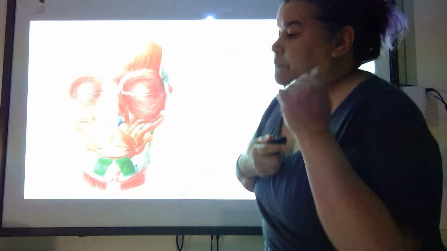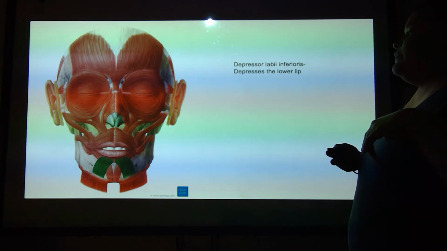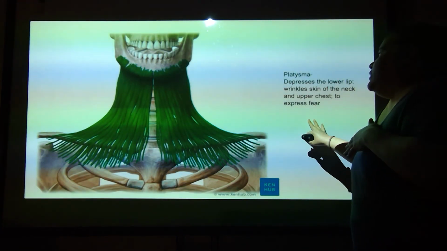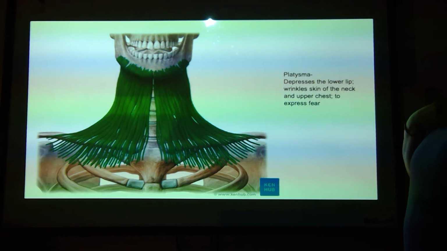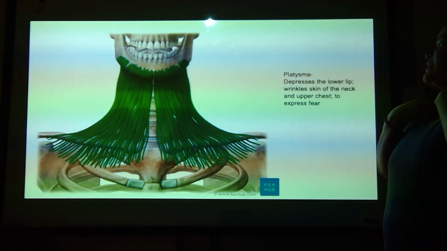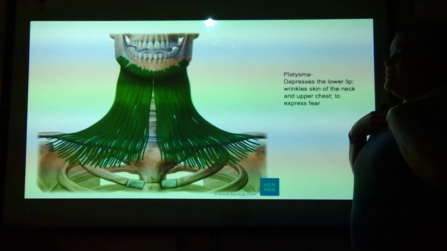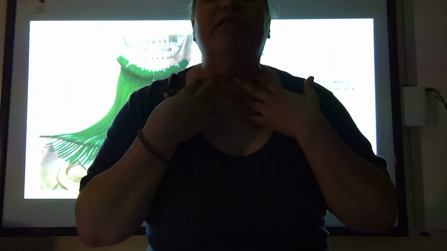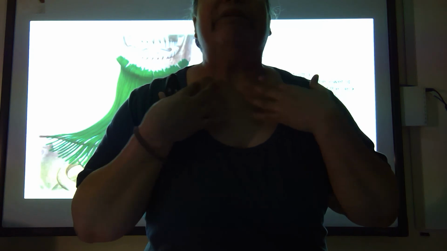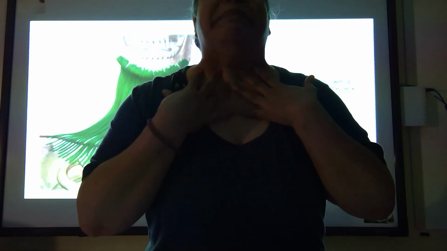Labii, lips. Inferioris, it's under the lips. It pulls this down. And then finally, we've got the platysma, which depresses the lower lip and then wrinkles the skin of the neck and the upper chest to express fear. You can actually see the neck kind of do this.